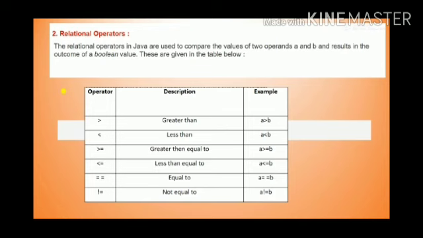Similarly, the second one is a less than b. We can also show a is greater than or equals to b through the third symbol, and the fourth symbol says that a is less than or equals to b. Then the next one is a is equals to b.